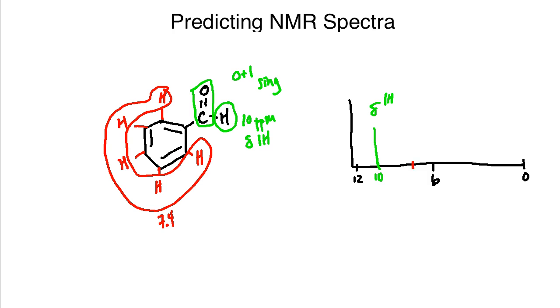So at 7.4, I would see a large mess of peaks, all overlapping together. And this multiplet would integrate to 5, because there's a total of 1, 2, 3, 4, 5 protons. And the splitting pattern would be a multiplet. So that would be the rough structure of benzaldehyde.